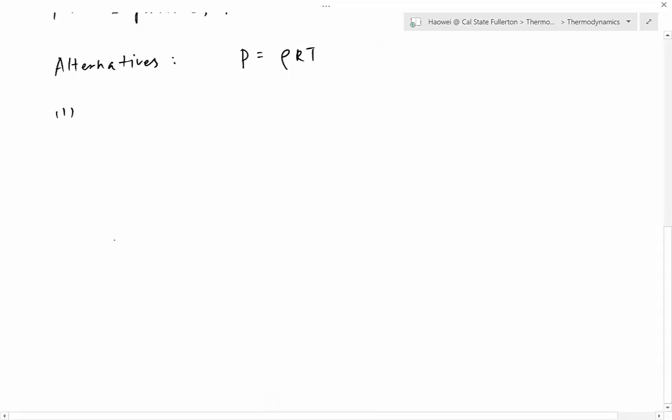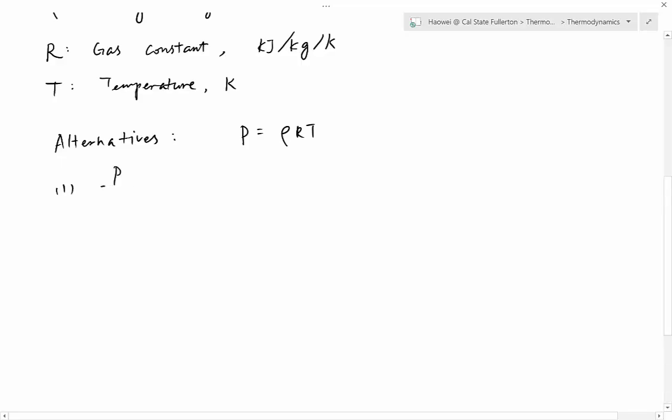So this equation becomes P over rho equal to RT. And then let's recall 1 over rho is equal to nu. The inverse of density is specific volume nu. So now we can rewrite this equation into P times nu equal to RT.